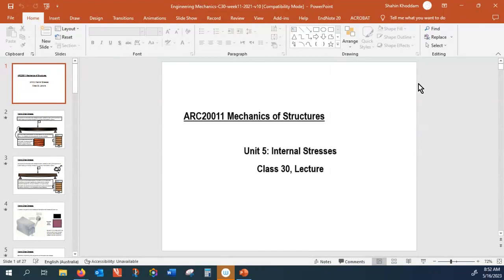Internal forces are a measure of force, but it is not force that causes the structure to collapse. This is a combination of force, geometry, and material, which causes the material to collapse. For that reason, we have to measure what is called a stress.